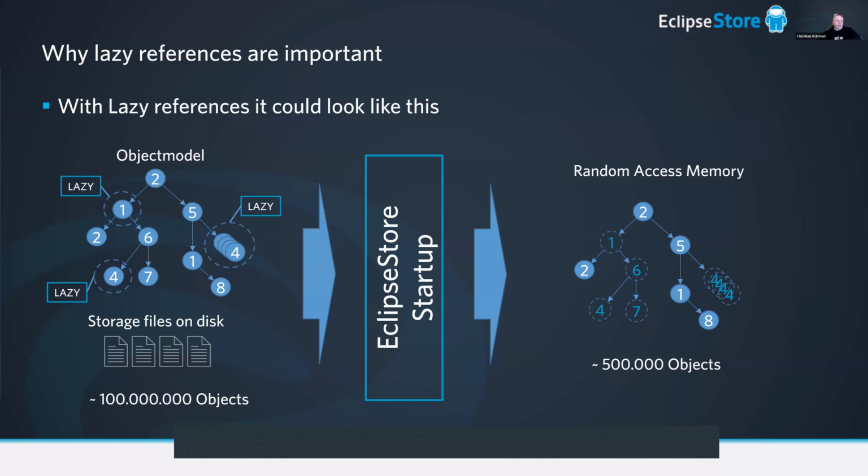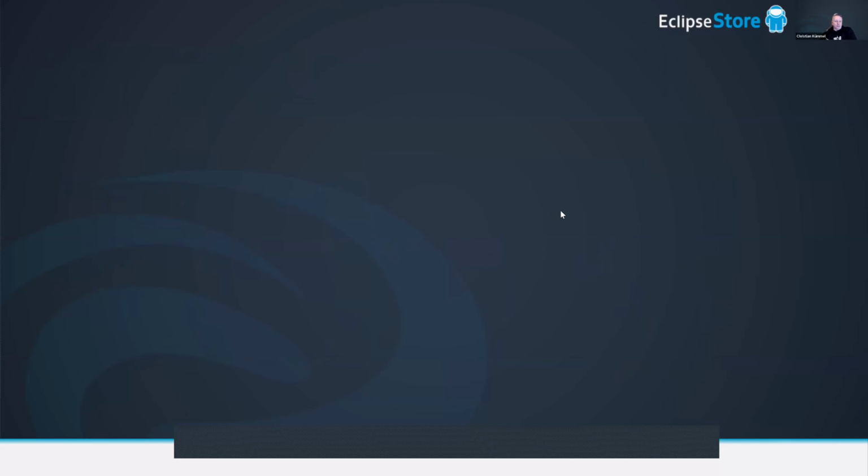Nobody would always call the details of a person. Mostly you want to see the most important data in a list, for example, to search within. Keep the other data on the hard disk, because it is not needed all the time. Okay, this is basically how lazy works.